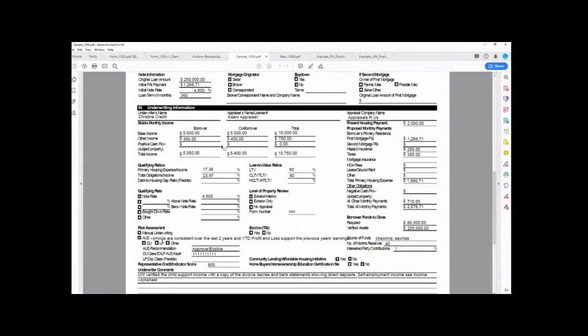Underwriter, UW is underwriting, verified the child support income with a copy of the divorce decree and a bank statement showing direct deposits. Self-employment income, see income worksheet. So you want to tell them, okay, this is the thought process why we're using child support income, this is how we're using it. And for self-employment income, go see my worksheet. It's really thorough. It explains everything there.